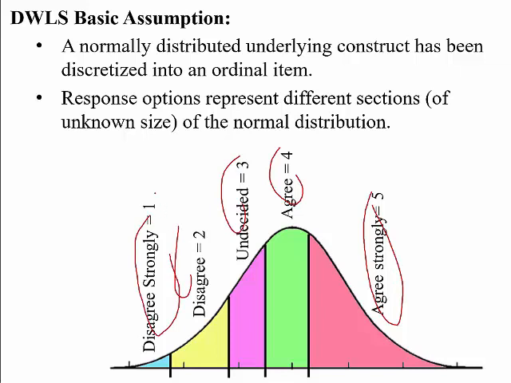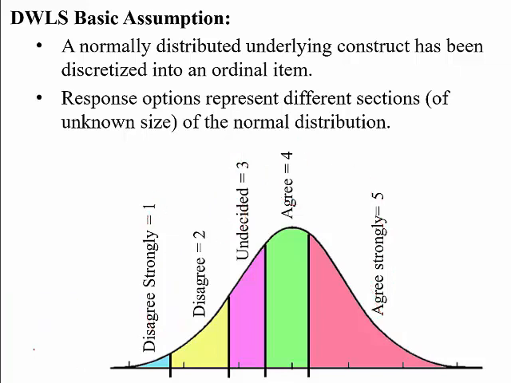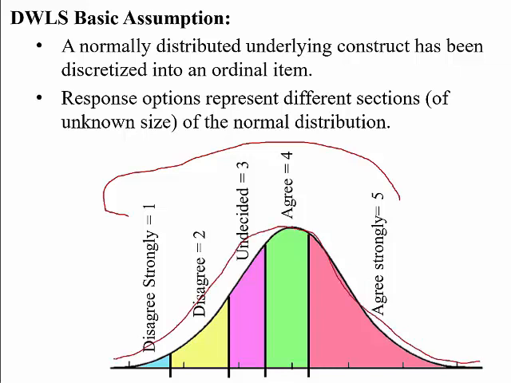So I have 5 levels, 1, 2, 3, 4, 5. But although my questionnaire item only has 5 levels, I'm going to assume that the underlying construct, how much you like potatoes, is a continuous variable, and also that it's normally distributed, so that potato liking fits this normal bell-shaped curve.